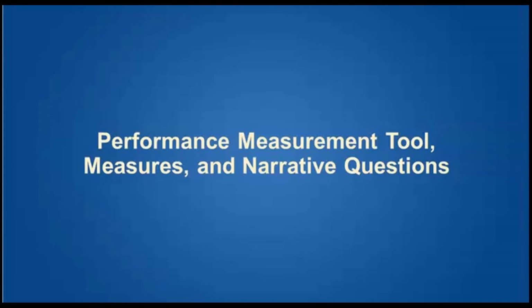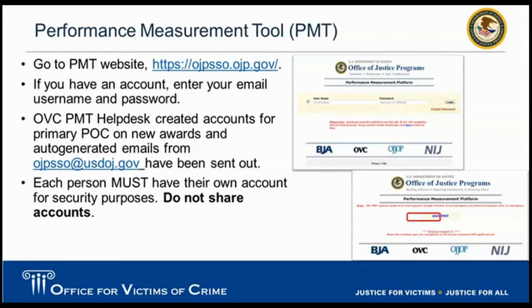Okay, so let's talk a little bit about where you are submitting this information that I keep referring to. And I know I said PMT, that is your performance measurement tool, and we will start with that. So the PMT, if you look here on the right side of the slide, I have 2 screenshots that I wanted to show you what it looks like when you first use the single sign-on link and enter your username, which is your email, and the password.